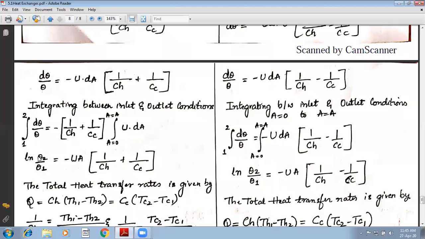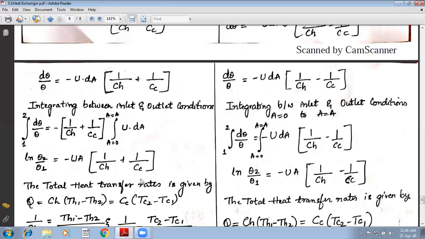You will have ln theta 2 minus ln theta 1, which is nothing but ln theta 2 by theta 1. It is equal to, you take 1 upon CH plus 1 upon CC with negative sign outside, integration of U into dA, where area is varying from 0 to A. You have upper limit A minus 0 multiplied by U, it is U into A with a negative sign as it is.